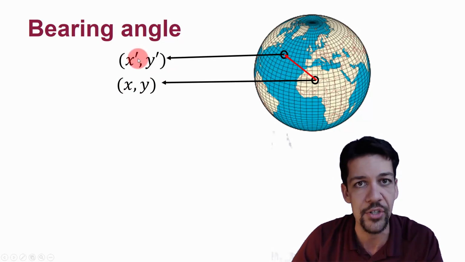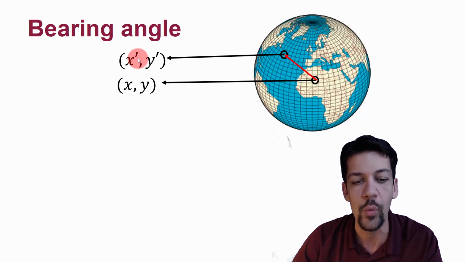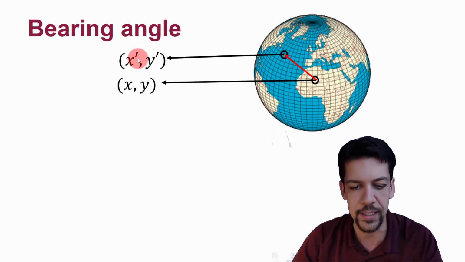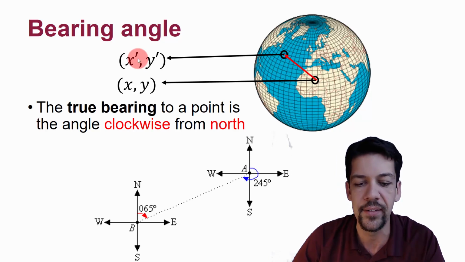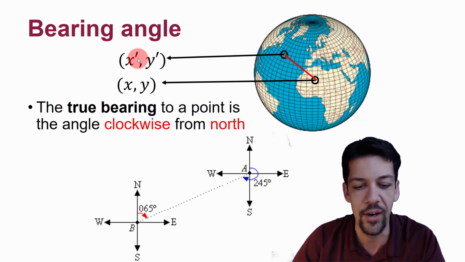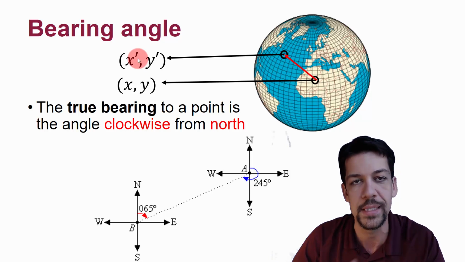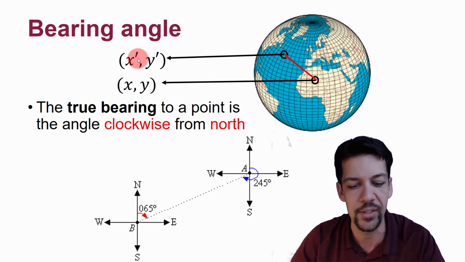To figure out what heading we need to go to find that location, we have to figure out what our bearing angle is. Bearing angle is the angle, clockwise from north, that will take us, if we follow that heading, to our location on the surface of the Earth.